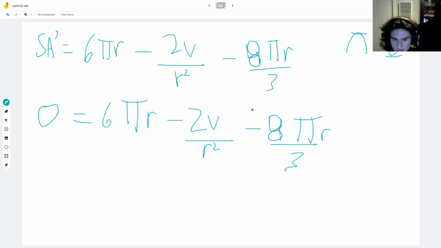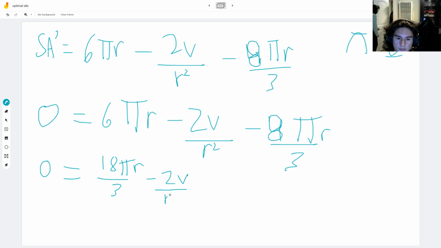So now this makes it a little bit more manageable. So if we notice, we have things in terms of pi r here. So we can add the like terms. So I'm going to change this by multiplying 6 times 3, which is 18 pi r over 3 minus 2v over r squared minus 8 pi r over 3.